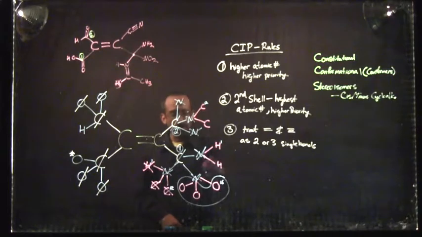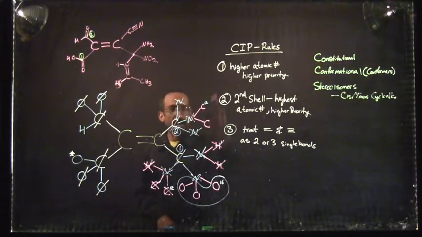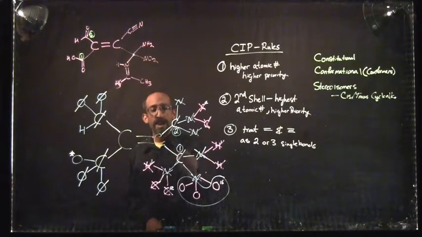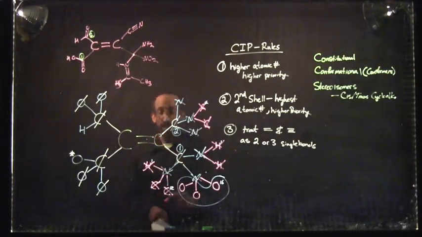Here I have a hydrogen, here I have an oxygen. These two lose, and then finally here I have carbons, here I have oxygens. Carbon is lower atomic number. This is the group that has the highest priority based on atomic number, and we work it back to the carbon attaching it to the alkene.